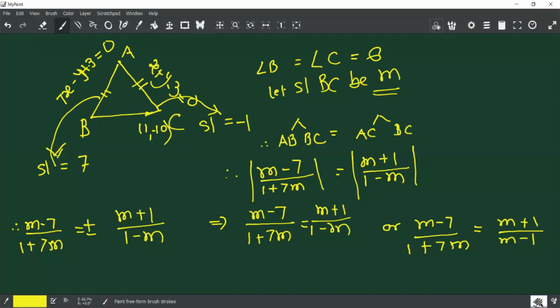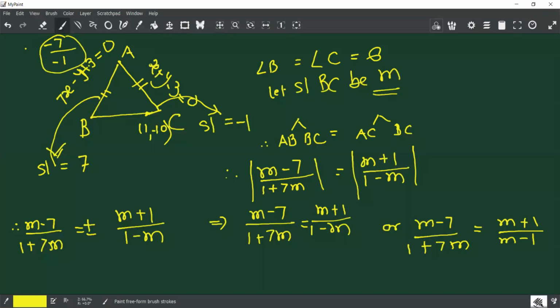See, this was a homework sum. An isosceles triangle ABC was given. The sides AB and AC are equal, whose equations are given as 7x minus y plus 3 equal to 0 and x plus y minus 3 equal to 0. Now, minus of coefficient of x upon coefficient of y gives you the slope of AB as 7.